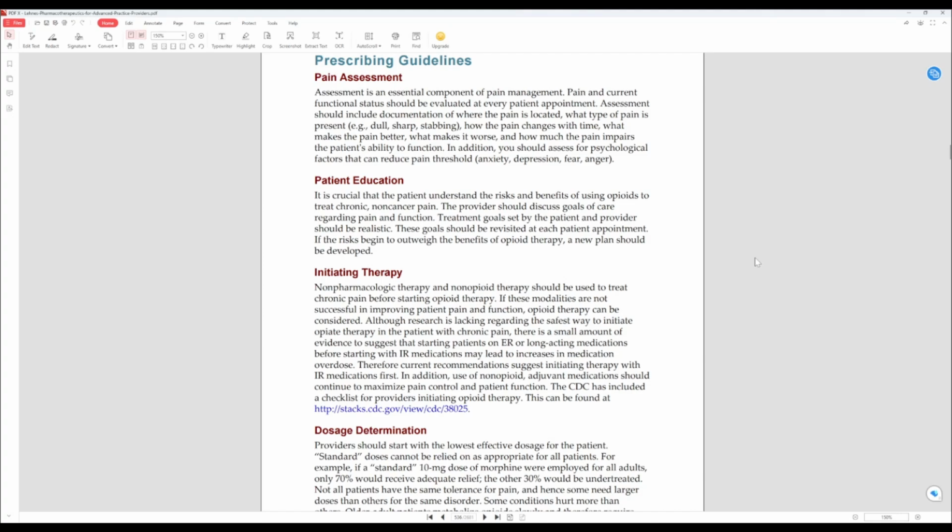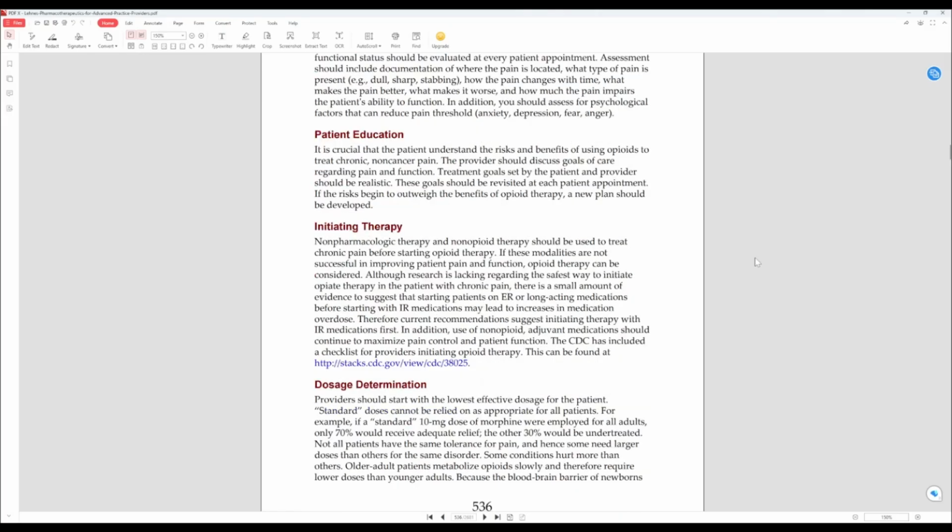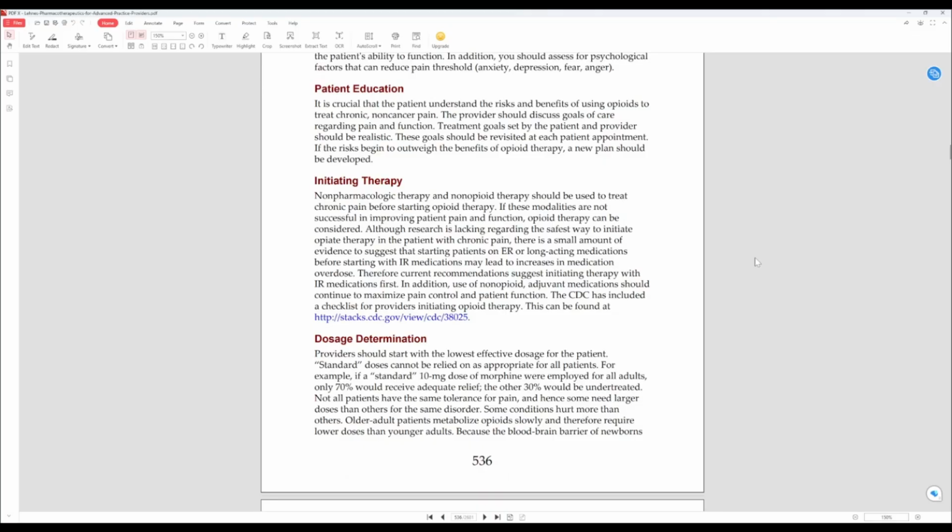In addition, you should assess for psychological factors that can reduce pain thresholds, which would include anxiety, depression, fear, and anger. The patient's education. It's crucial that the patient understands the risk and the benefit of using opioids to treat chronic non-cancer pain.